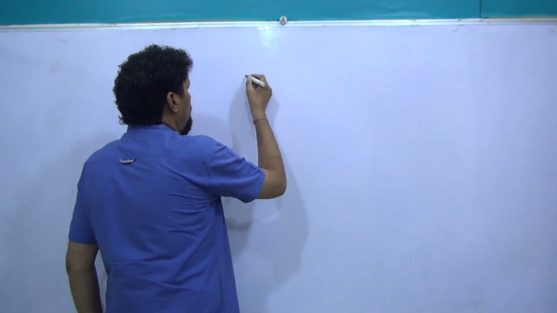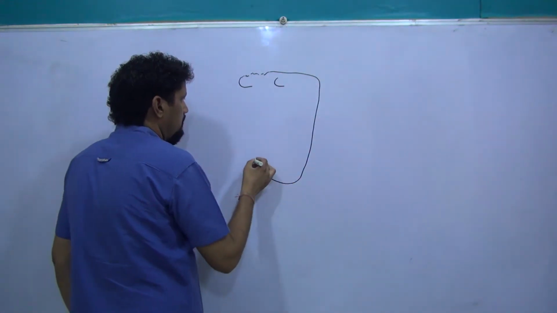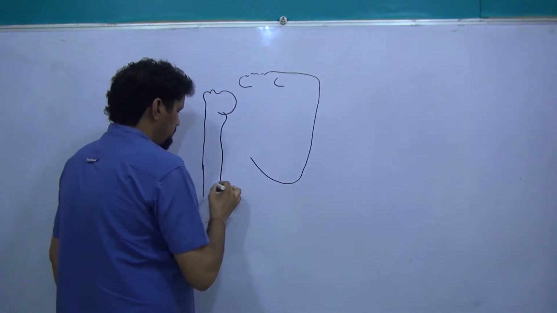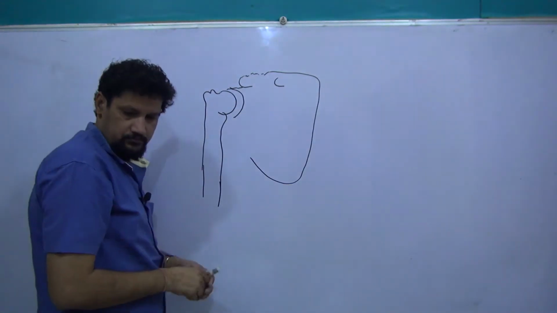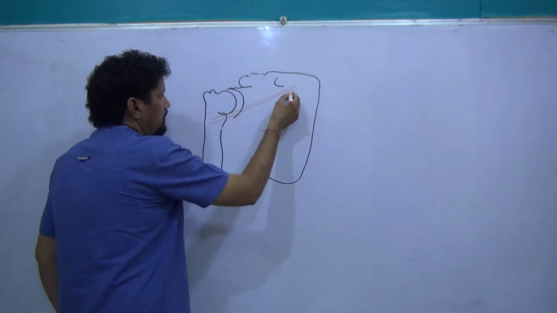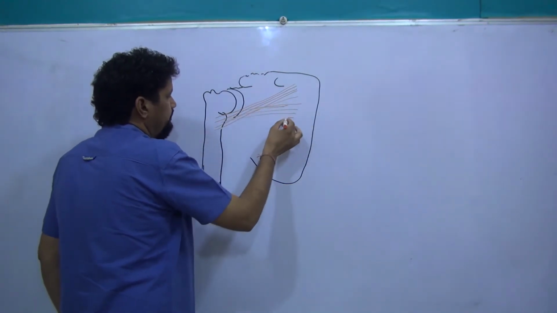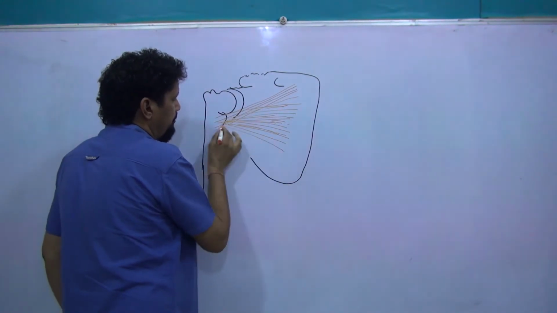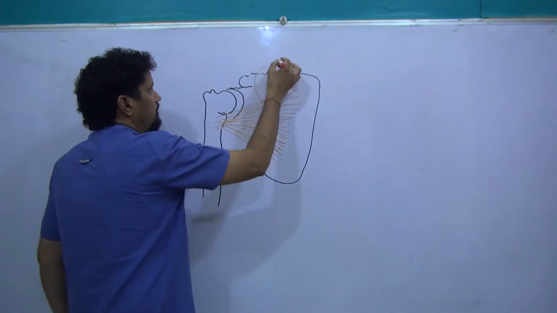When we talk about the posterior wall, a big triangular muscle taking origin from the costal surface of the scapula to be inserted on the humerus is the subscapularis.